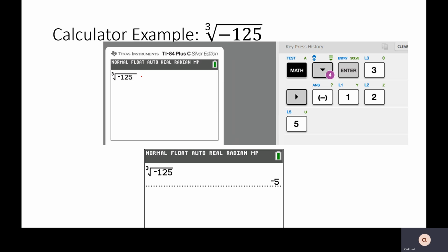So here on the calculator, in this example, I took the cube root of negative 125. On the right-hand side, you can see the actual keys that I pressed. First I hit the math key to get to the math menu. Then I hit the cursor key down to get to the xth root. I hit enter. I entered a 3, a negative sign, and 125.